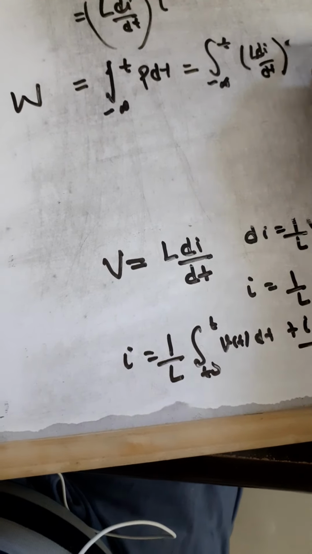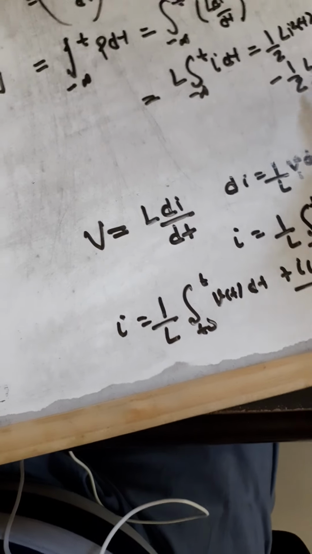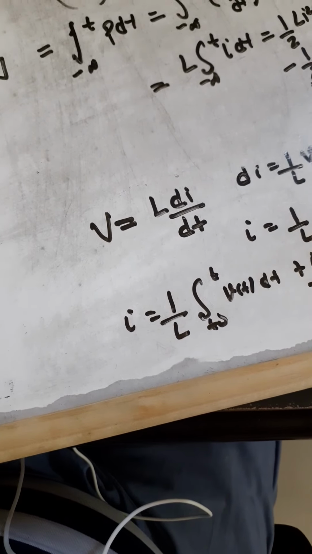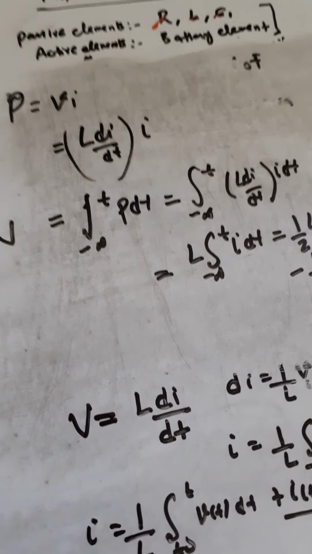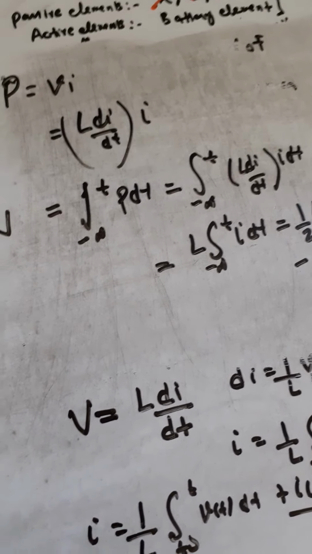So I arrive at the expression L times the integral of i di, which is half L i squared at t minus half L i squared at minus infinity. Now this infinity term is the charge that was stored earlier. In a capacitor also we had to take that minus infinity term, so you can incorporate that term also. In other terms, your w is equal to half L i squared.